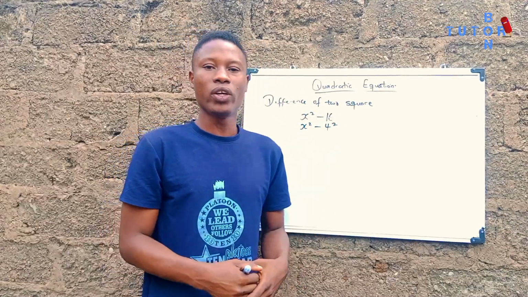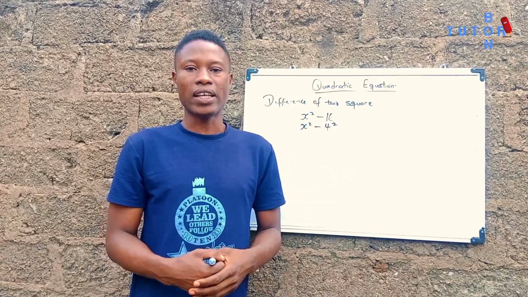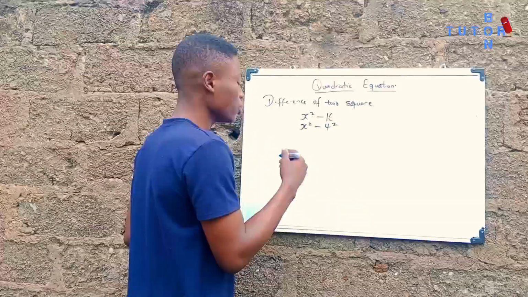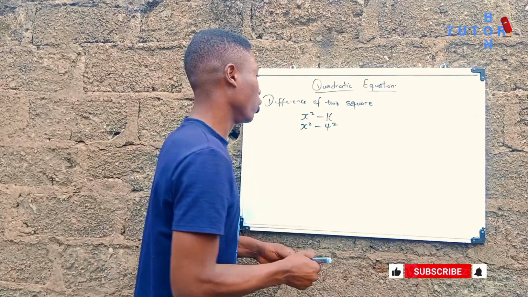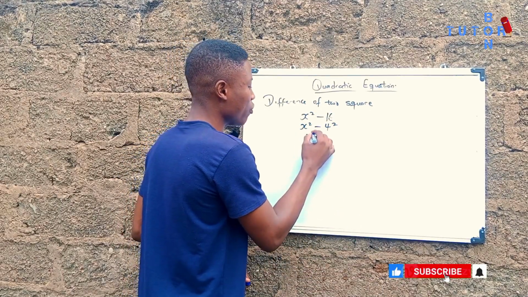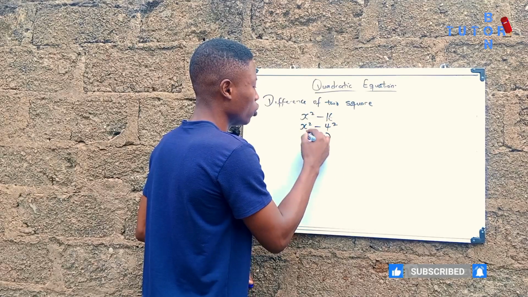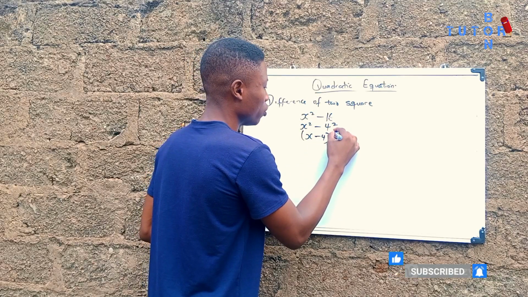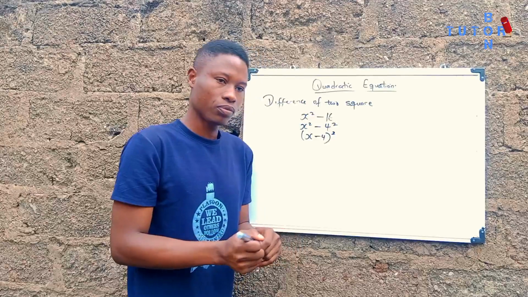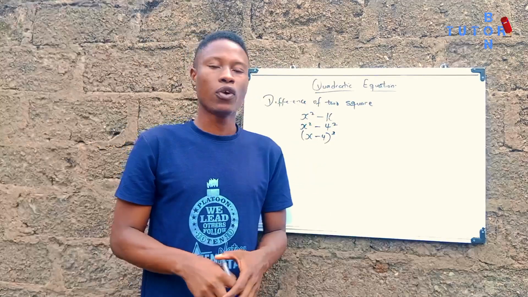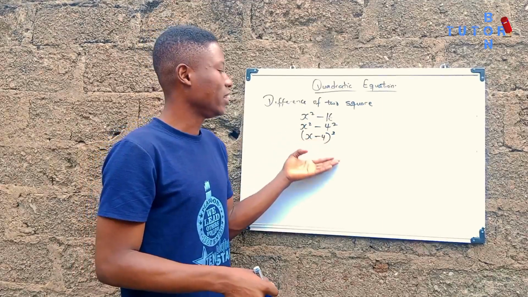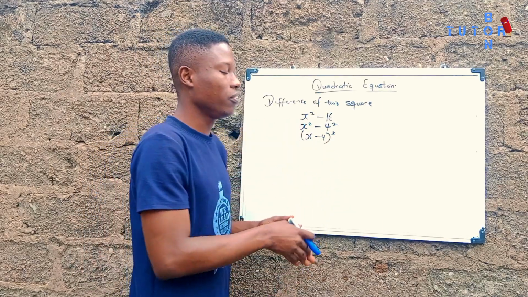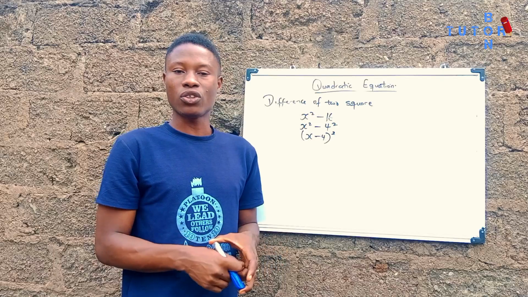When you have it this way, you can easily factorize it, and it gives x minus 4 and x plus 4. In this case, there is nothing else you can do than leave it this way because it is a difference of two squares.